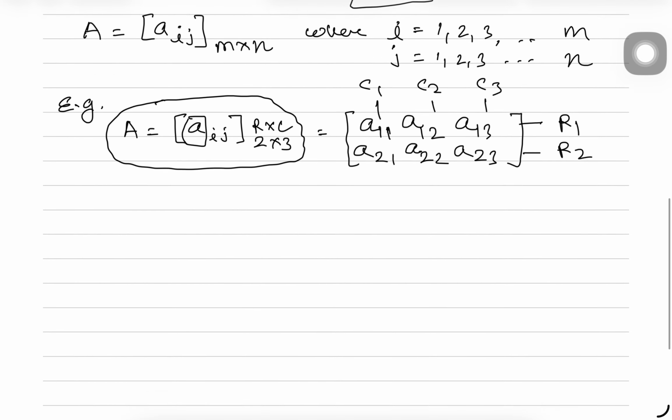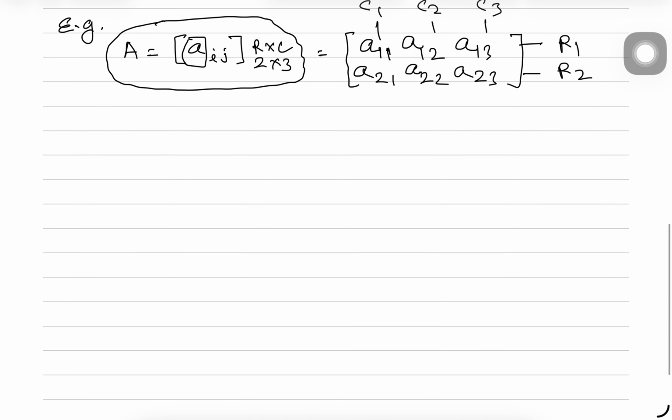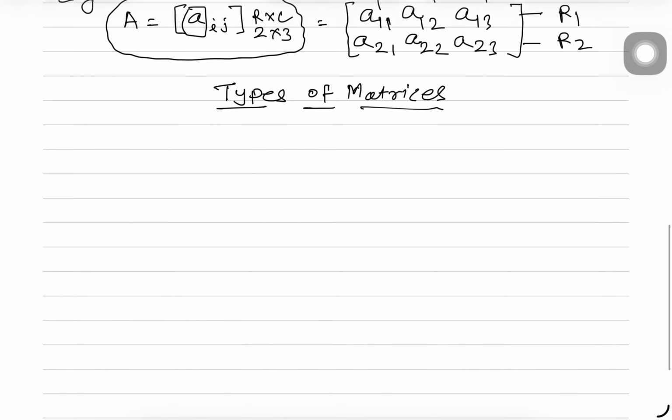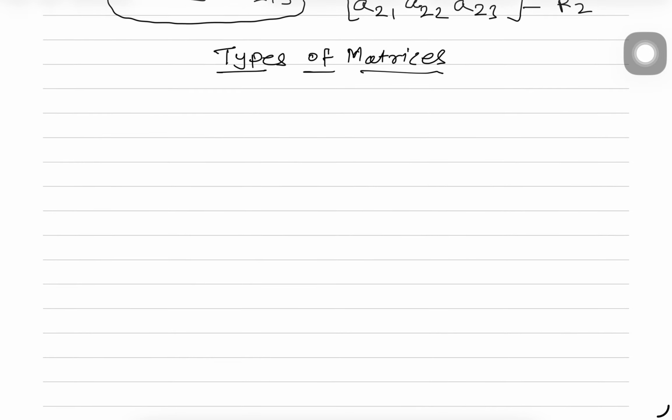Okay, so next we will go for the types of matrices. We will see the types one by one. Okay, first one is the row matrix.